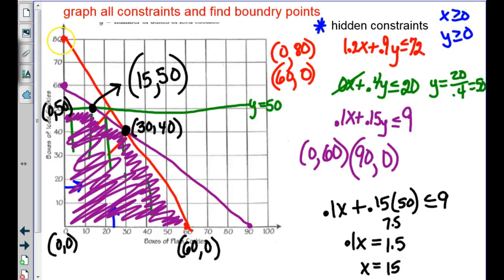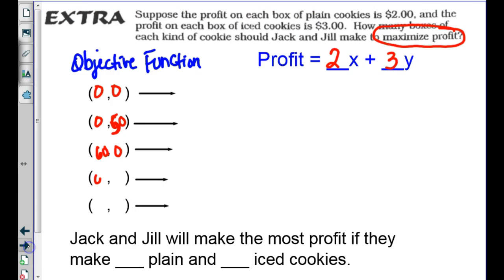No, it can't go up that high because it has to stay below the red and below the purple. Okay, so we don't want all the intersections. We just want the ones that are bounded by the purple here. All right, so what are we missing on our list? (30, 40), and (15, something)? (15, 50), was that right, guys?